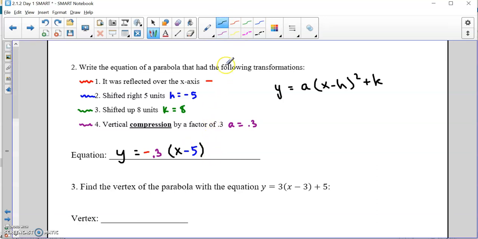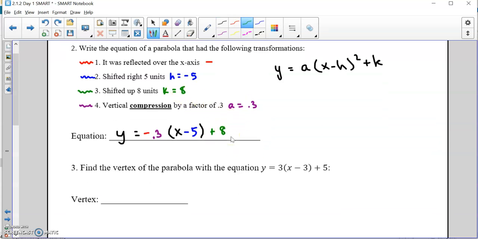And then we get k, plus 8, because it's a positive 8. And that is it. That's our full equation. Just follow the letters.